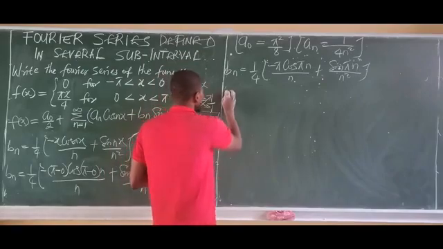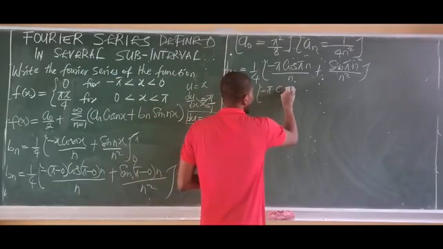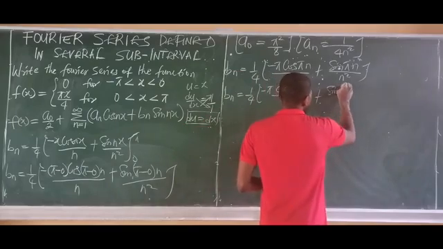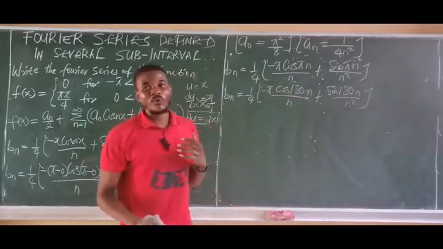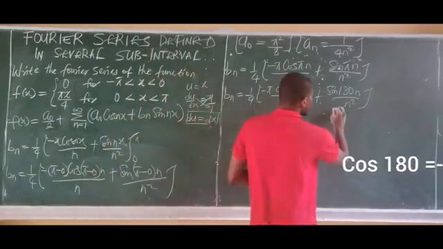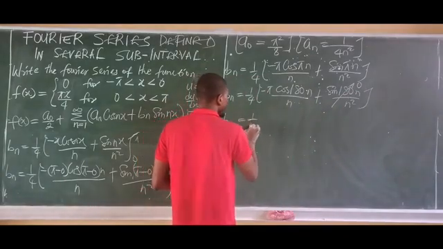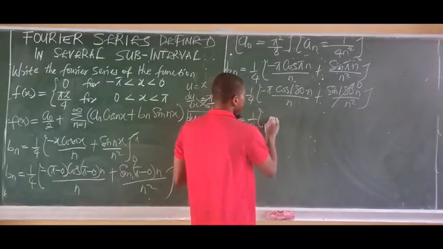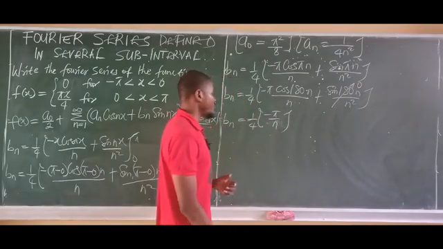So bn is equal to 1 all over 4 into minus pi cos 180n all over n plus sine 180n all over n squared. And sine 180 is 0, whereas cos 180 is 1. So sine 180 is 0, automatically everything here becomes 0. So bn is equal to 1 all over 4 into minus pi all over n.